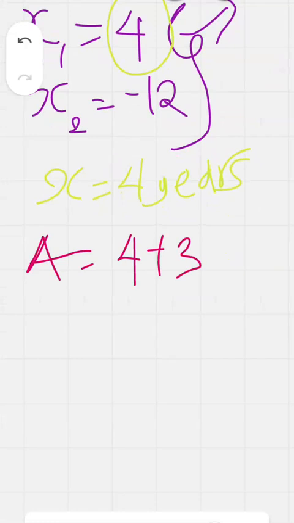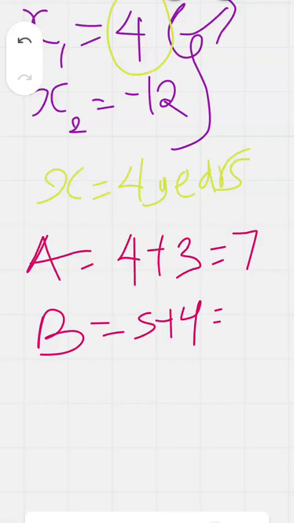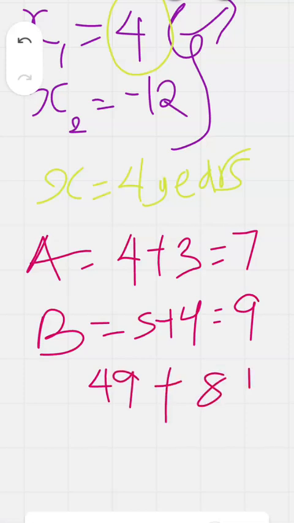Then B was 5, so B will be 5 plus 4, that one is 9. So that we have 7 squared, which is 49, plus 9 squared, which is 81. When you sum this one, you get 130.